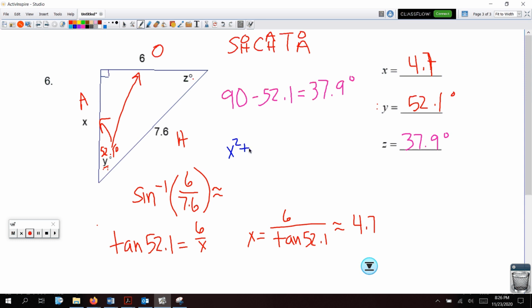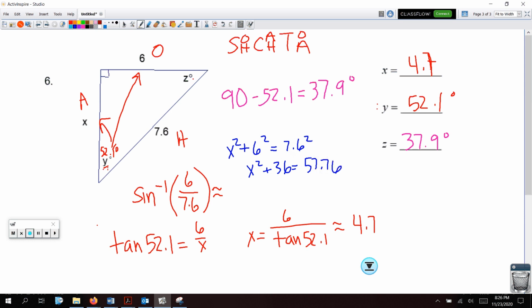x squared plus 6 squared is equal to 7.6 squared. So x squared plus 36 is equal to 57.76.